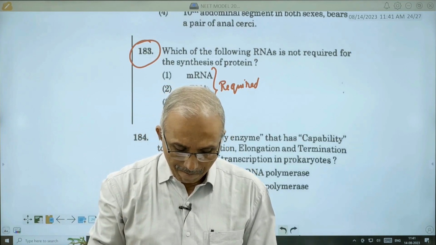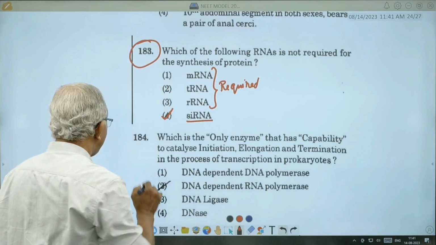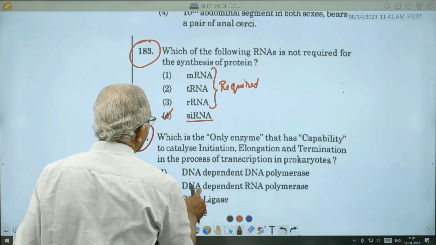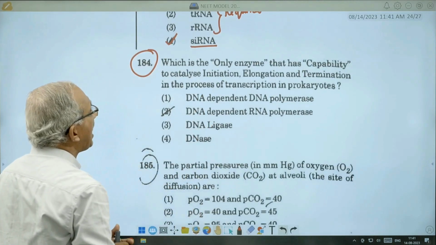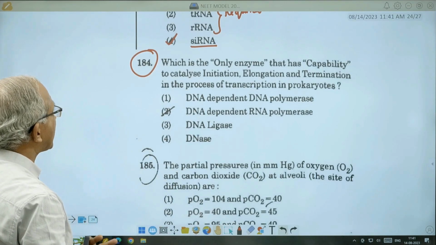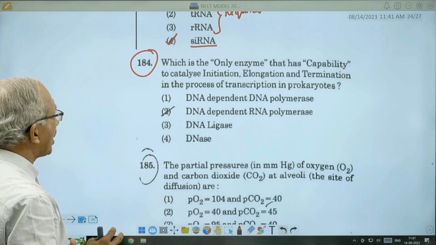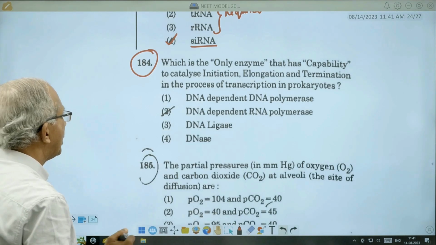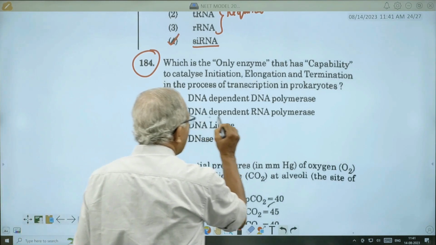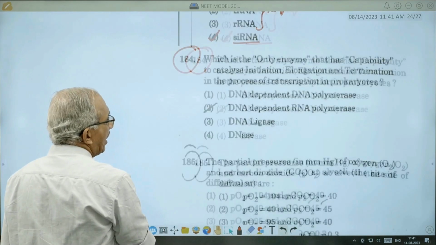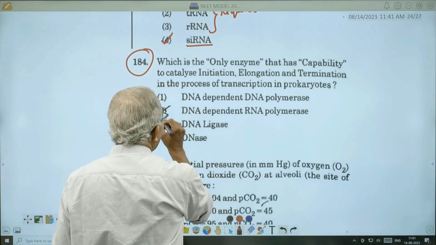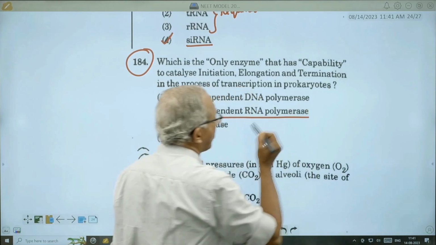Next, which is the only enzyme that has the capability to catalyze initiation, elongation and termination? It is DNA dependent RNA polymerase.